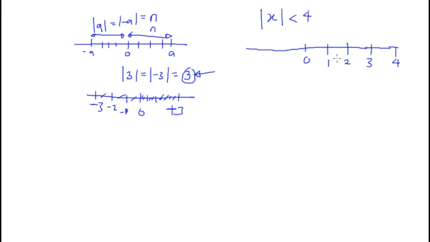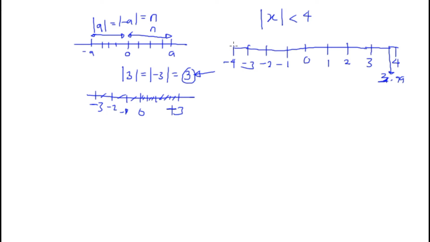So the units away from 0, or the intervals away from 0, or the points away from 0 has to be less than 4. 3.99 is part, but 4 point 0 is not part. Also note that minus 1 is part, minus 2 is part, minus 3 is part, and then minus 4 is not part.